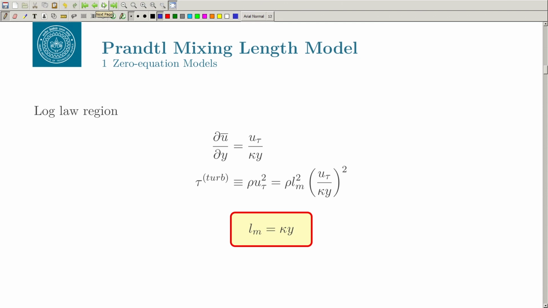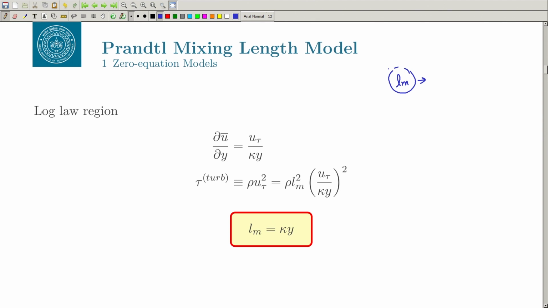Now the question is, how do you get this length scale L m? We have got the idea that we want a mixing length, but what is its value in a particular flow? Prandtl himself was not very convinced of this model.